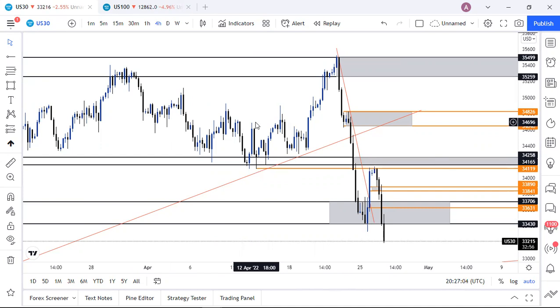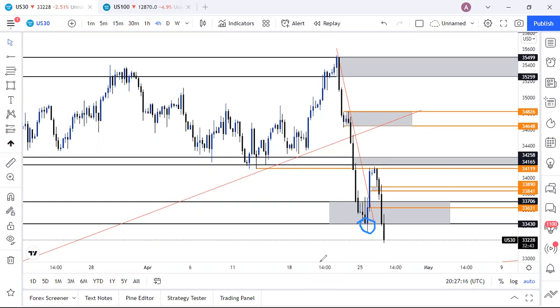It even broke our previous low, which is our support. Now it has to be a resistance, so it must test and then continue down again.